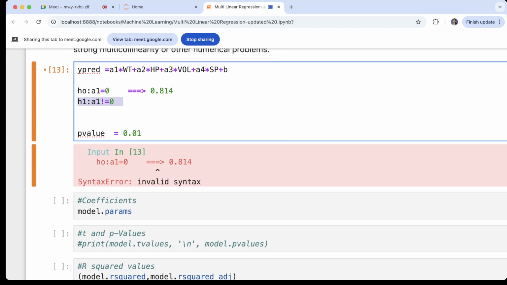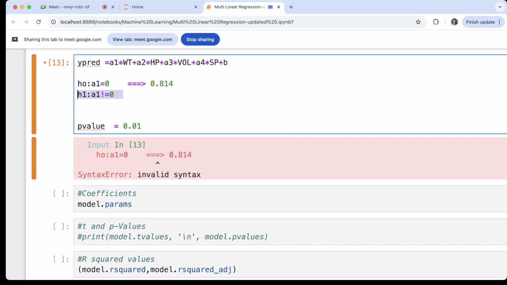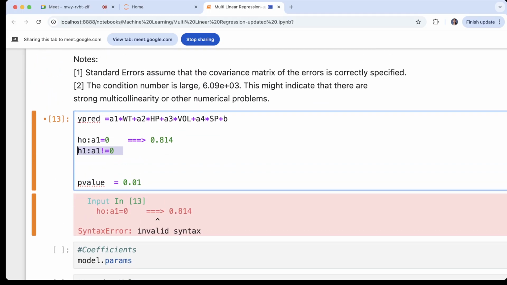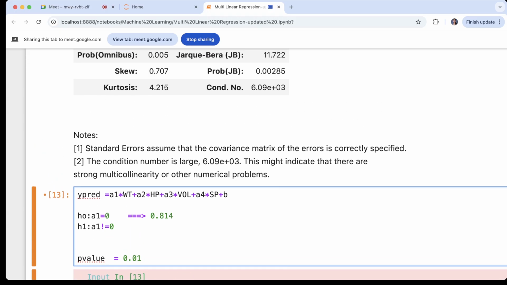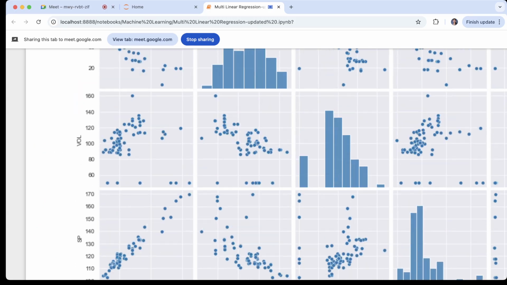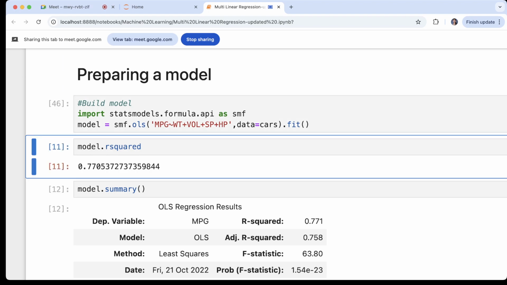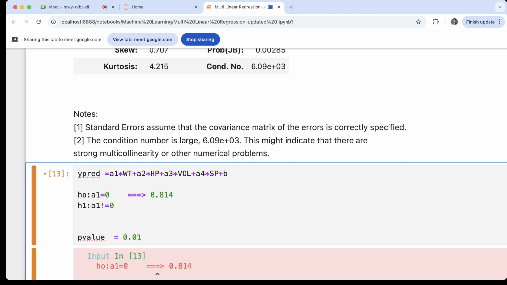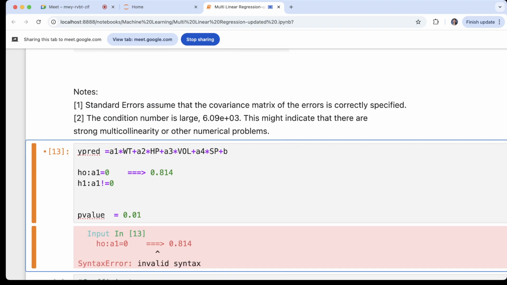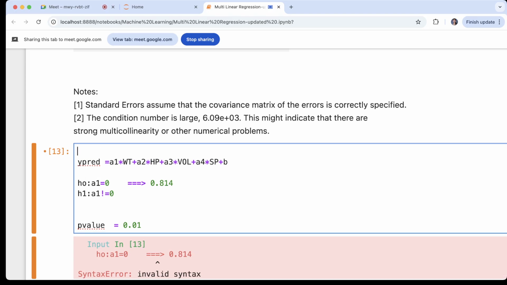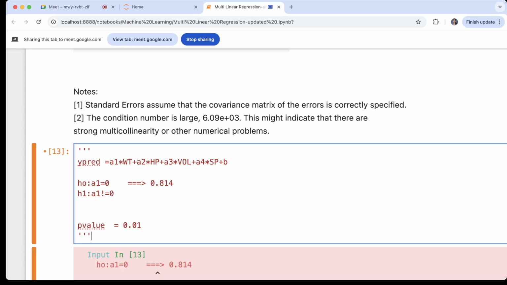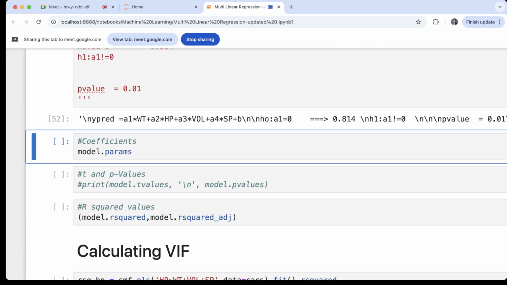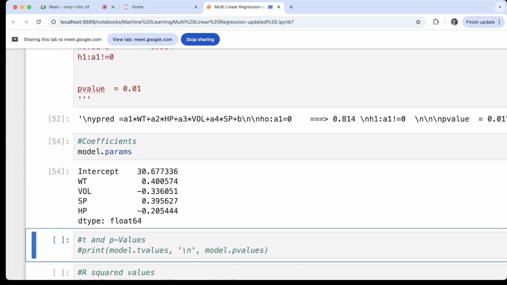Okay, so that's the thing, and then you can just come here. Now we will check the model parameters.